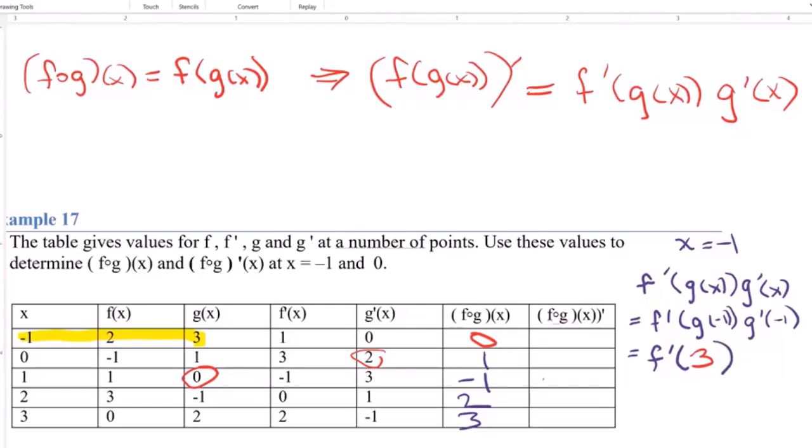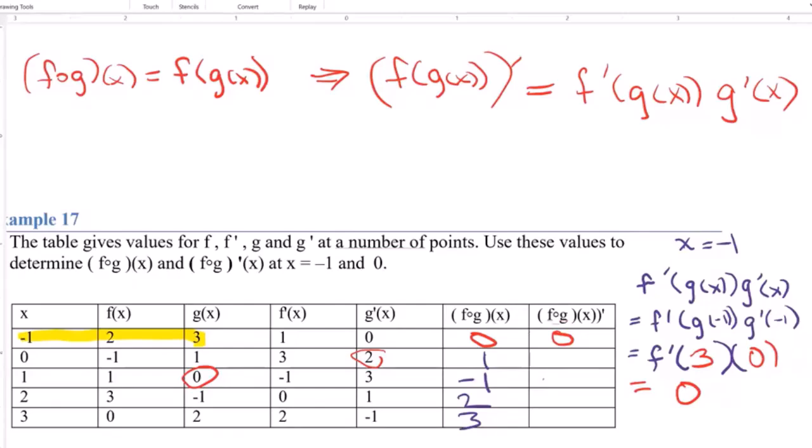Times the derivative of g of -1. So we have times 0, which anything times 0 is 0, so this is obviously 0.